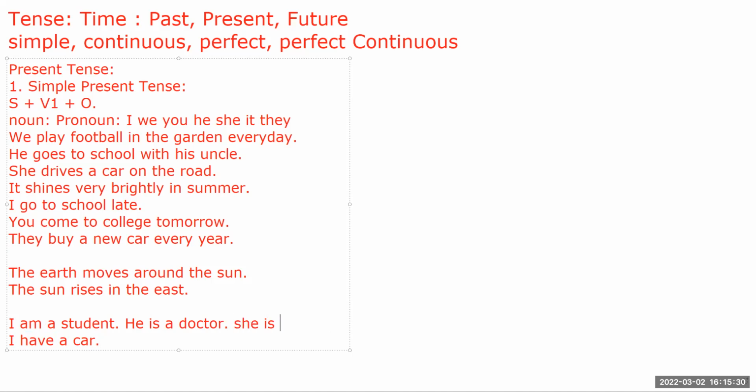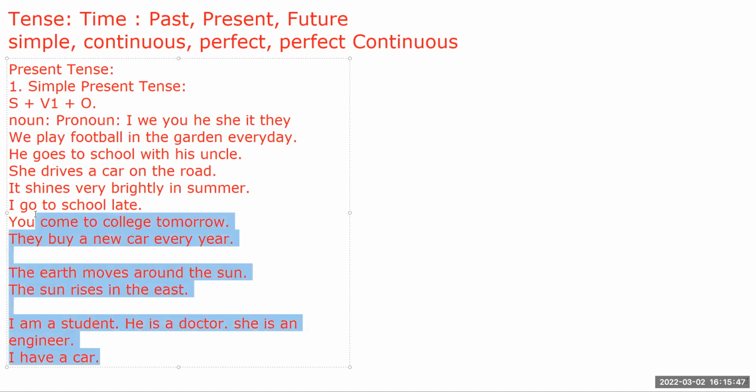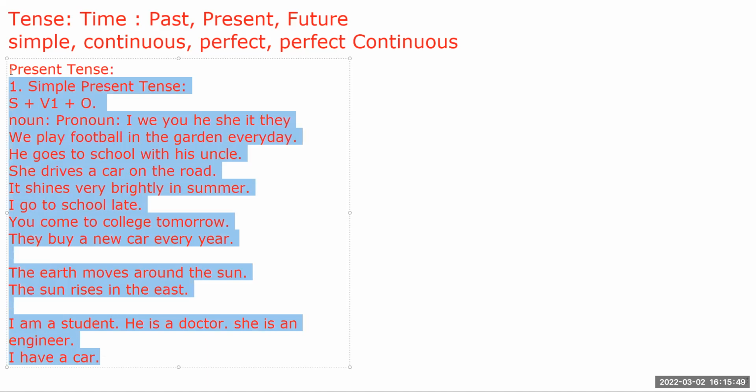She is an engineer. So it is possible that all these examples are in simple present tense. All right, so I will not go for passive structures. I will teach you passive voice separately, so that much is enough for you. Any questions or doubts about simple present tense?